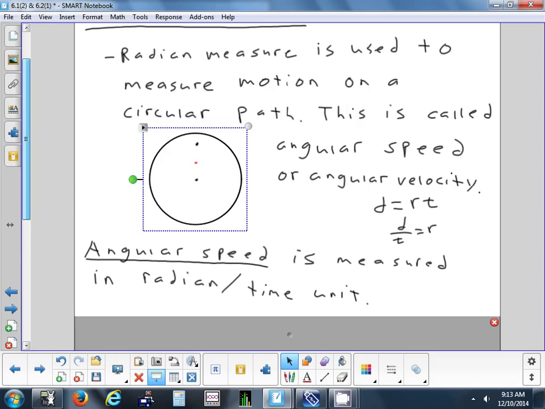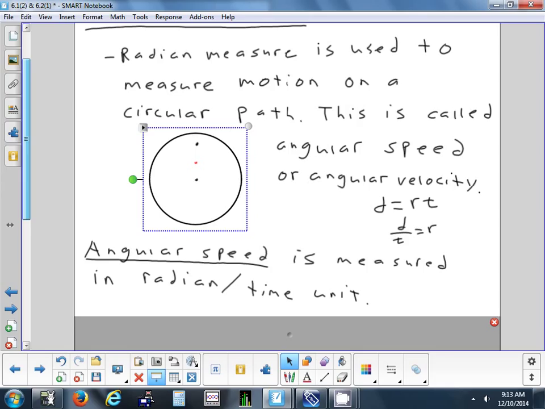Okay, so angular speed in our book is going to be defined as radians per time unit. They don't specify a time unit, so it could be radians per second, radians per hour. So anytime they ask for angular speed, they want it in radians per time. You can measure angular speed in revolutions.